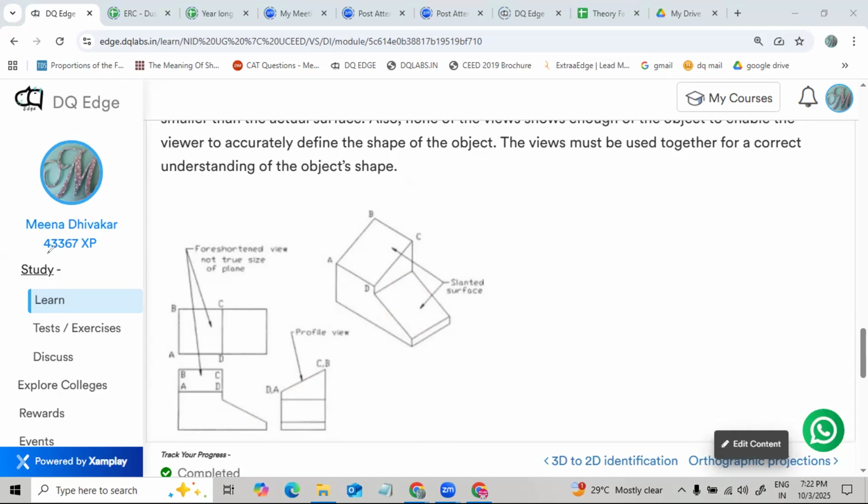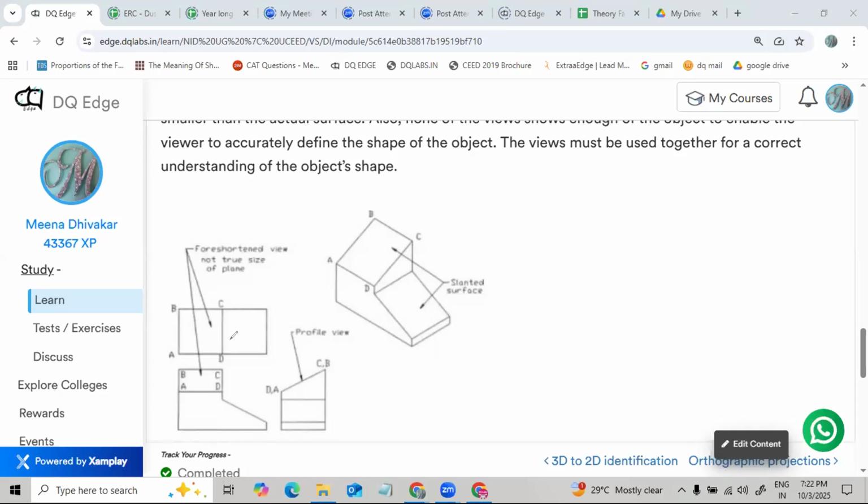They'll give you a 3D figure and options like the different views of the 3D figure, and ask you to find which one is the correct view. If they give you a view and you need to identify the 3D, which we have done as an example just now, they'll give you a 2D view and you need to identify which one is the 3D figure.